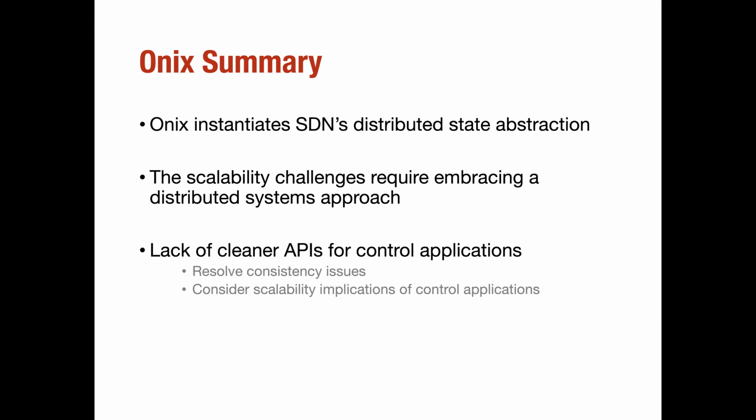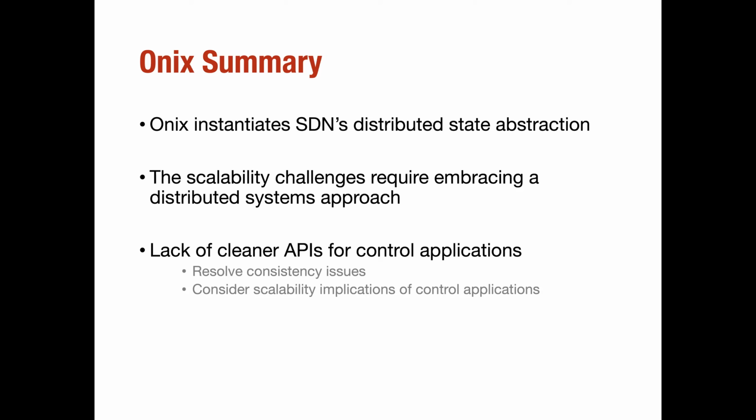These scalability challenges require embracing a distributed systems approach, and the lack of cleaner APIs for control applications has been a challenge in general when we design these things. It does resolve consistency issues and consider scalability implications of control applications, but overall, it's not a perfect solution out there.